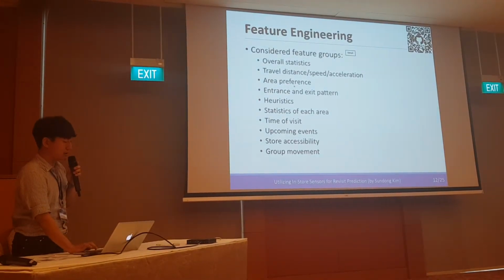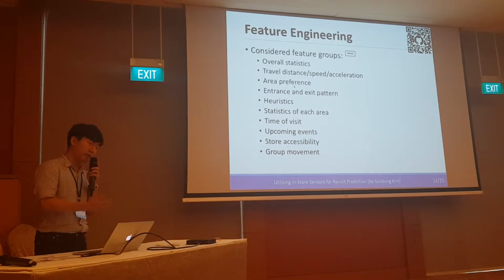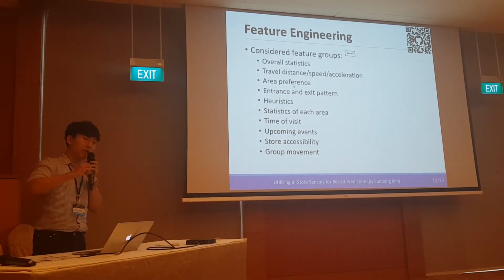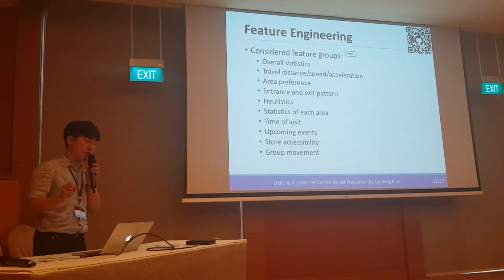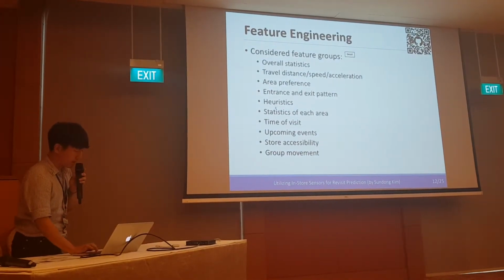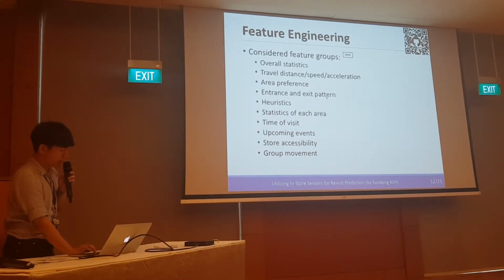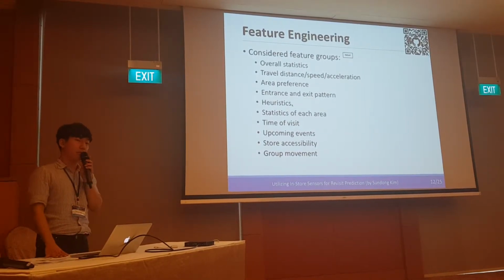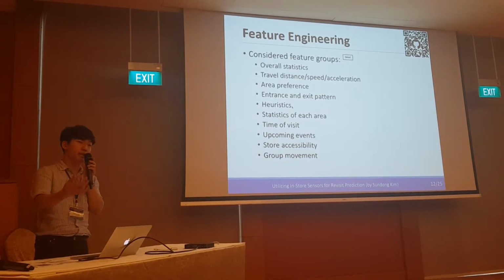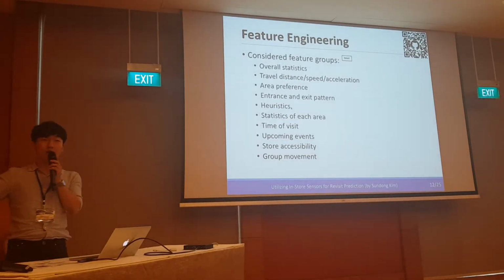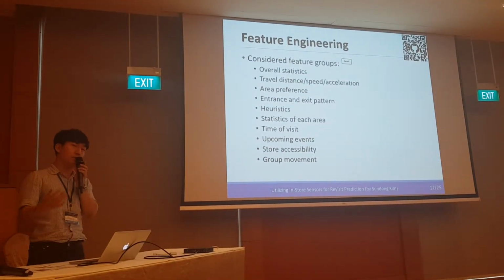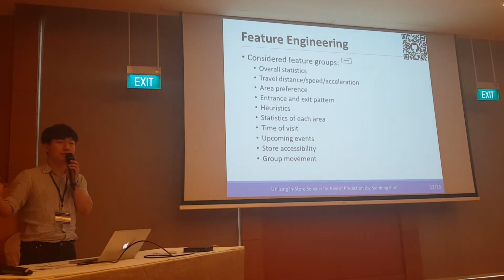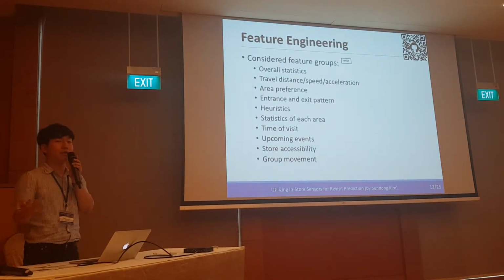And the area preference. Some people might like a certain part of the store, and we make it quantitative as a score or number. And entrance and exit patterns and heuristics. Some of you might think that a customer will revisit when he visits the customer counter to pay. However, some other people might think that if we buy some stuff in the store, then they might not visit for the next few months.